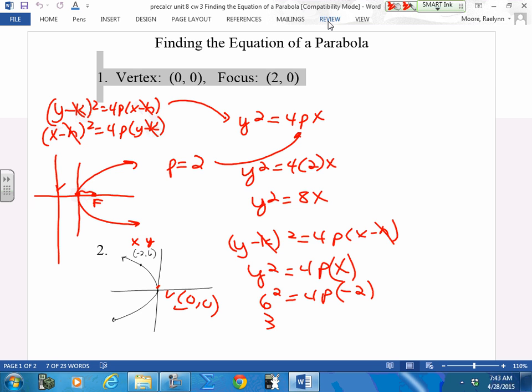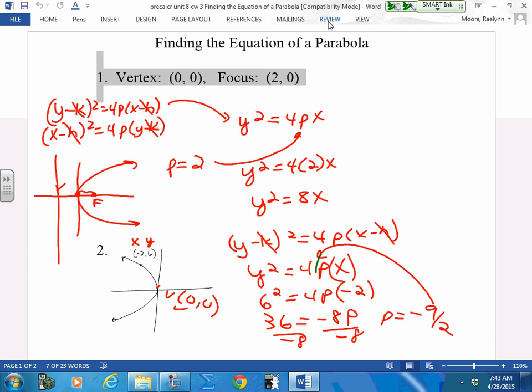So we have 36 is equal to negative 8p. We're going to divide by negative 8. And we're going to reduce this down by 4, negative 9 over 2. And shouldn't p be negative? Because we're opening to the left. Now all we have to do is substitute it back into here.